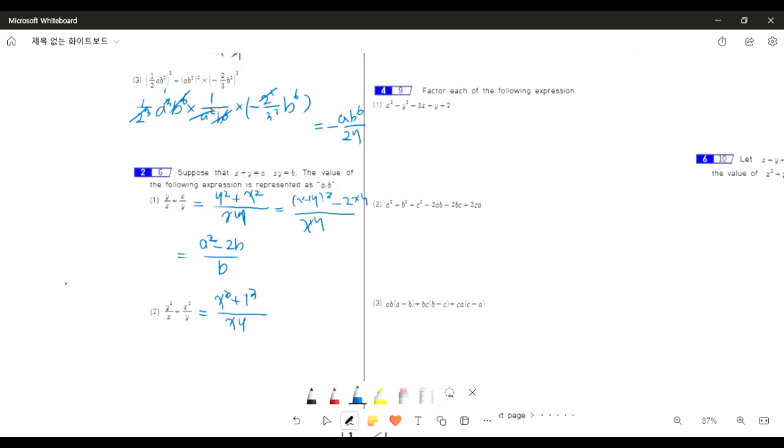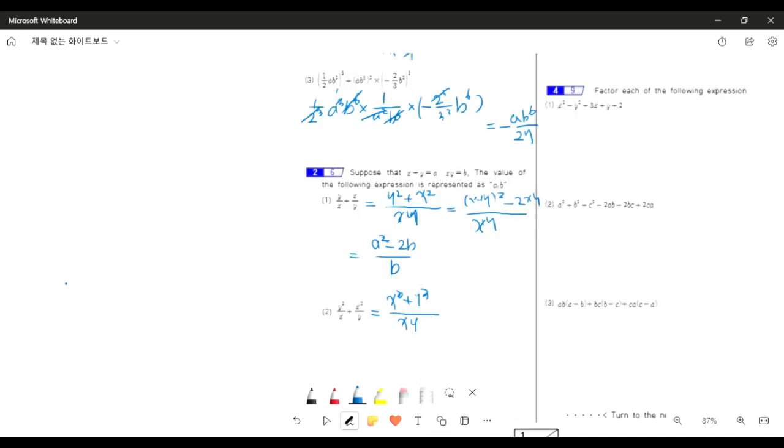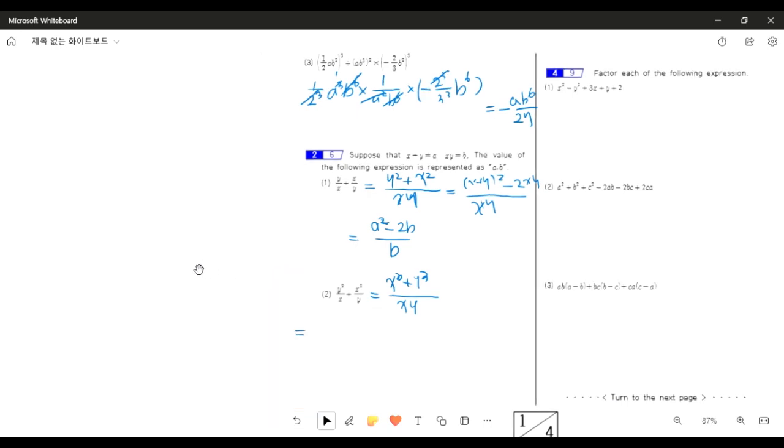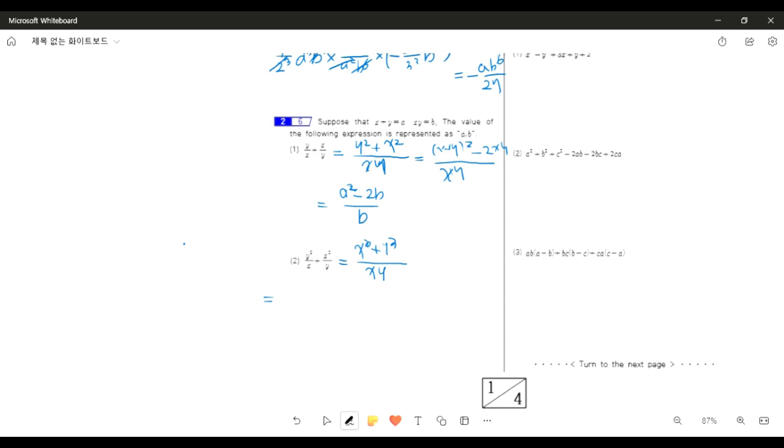Then using the product formulas, x cubed plus y cubed equals x plus y cubed minus 3xy times x plus y.